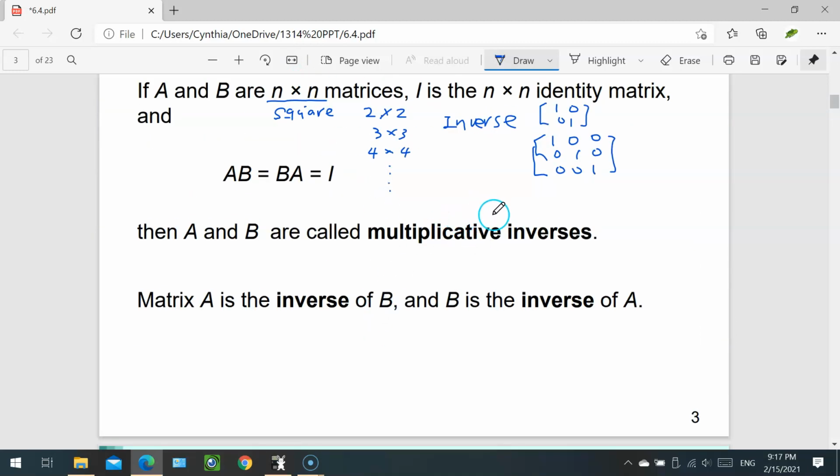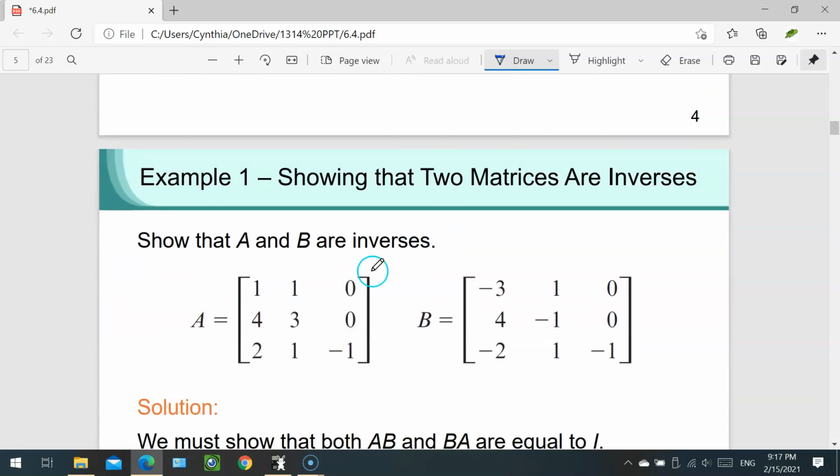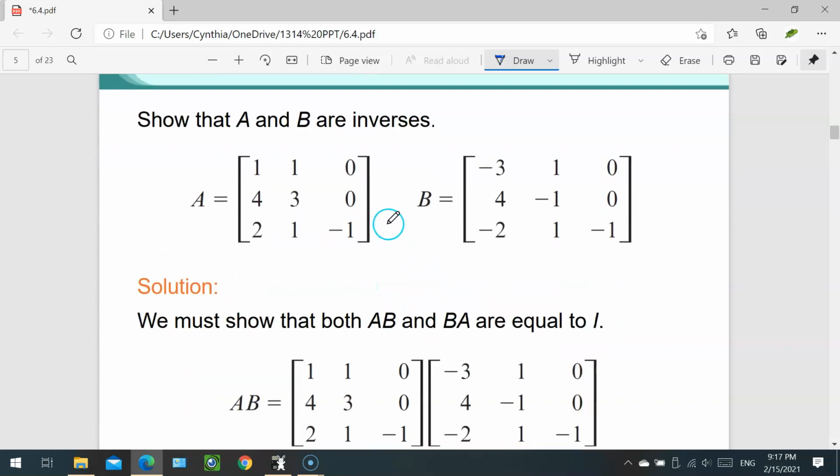According to the multiplicative inverses rule, we can multiply A and B, and then multiply B and A. As long as the result, in either direction, is an identity matrix, that will prove A and B are inverses.